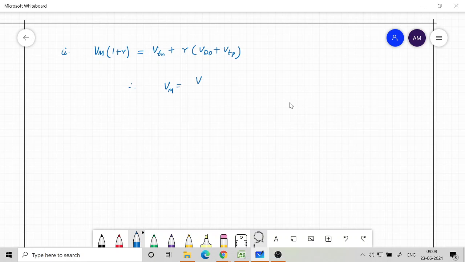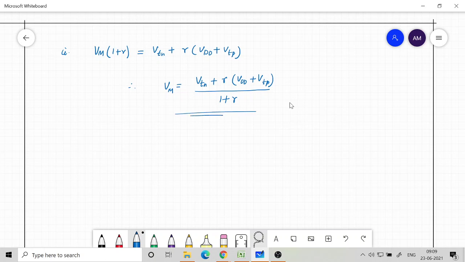Vm is equal to Vtn plus R into VDD plus VTP, divided by 1 plus R.